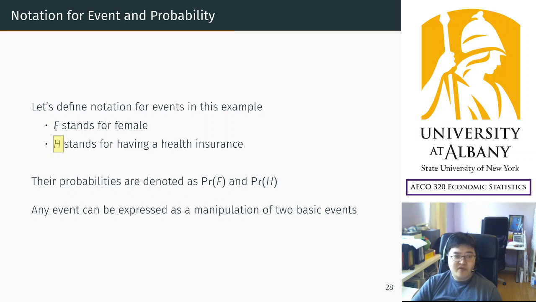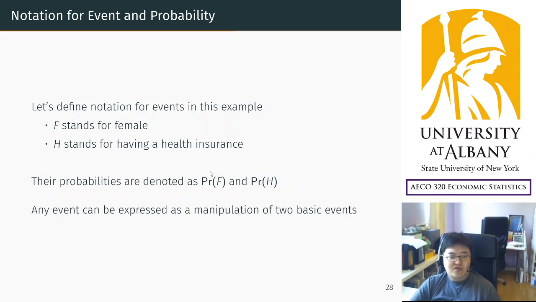And the probability of the event is denoted as just Pr, probability, as a function of an event. Because the probability is assigned to an event, you can think of it as a function of an event. So probability is a function, a mapping from an event to a number between 0 and 1, or 0% to 100%, right?